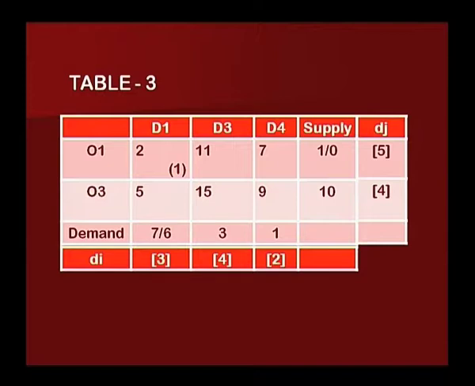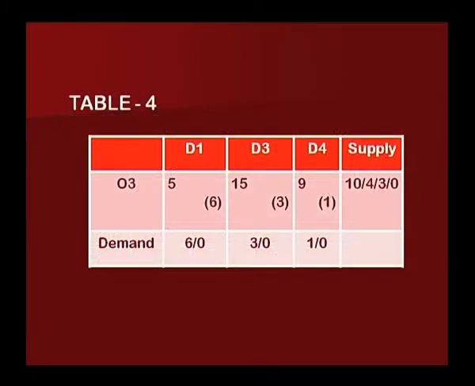Now, we will form the next table with only the third row as follows. Here is Table 4. There is only origin O3 and 3 destinations D1, D3, D4.